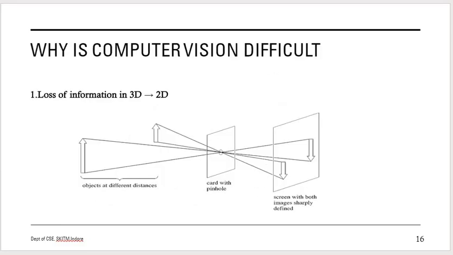Here is one more thing: why is computer vision difficult? The first reason is the loss of information. All the images are in 3D and we are capturing in 2D, so some part of the information is lost.